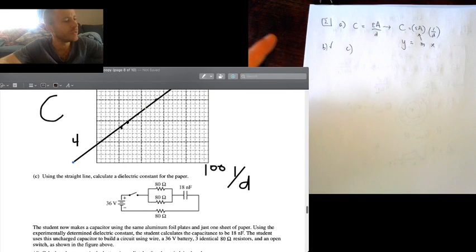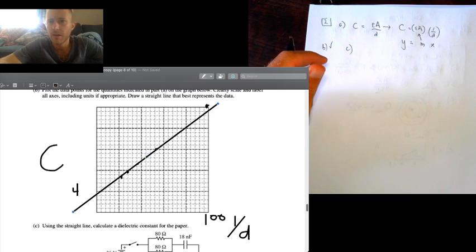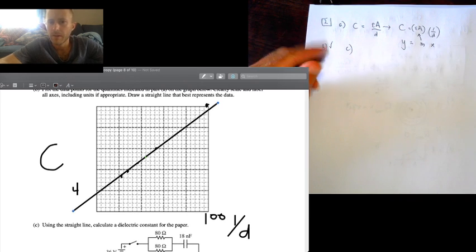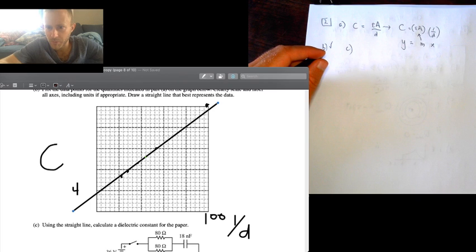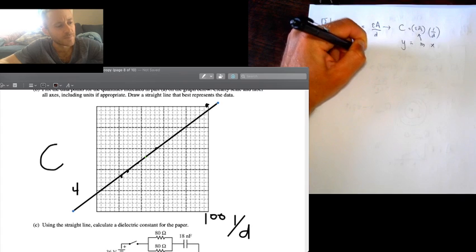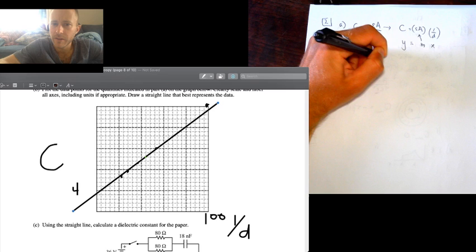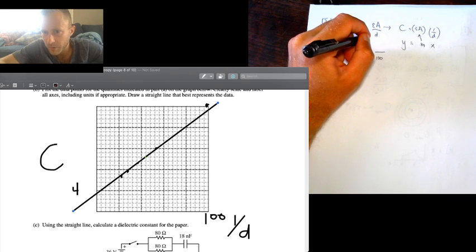Part C says, using the straight line, calculate the dielectric constant for the paper. So I can see that my slope goes over roughly 5 boxes, so the run is about 100. And the rise, it rises roughly 4 boxes.